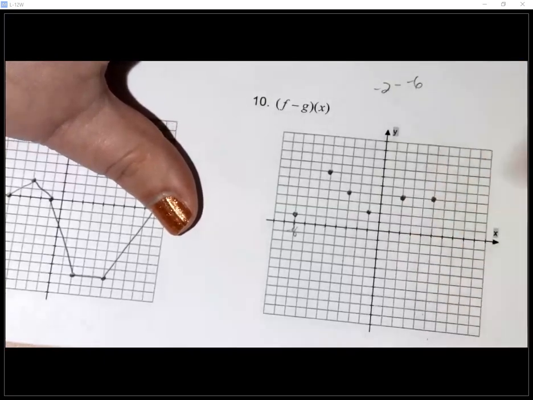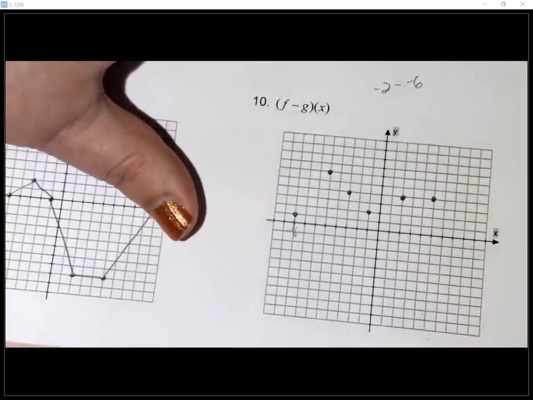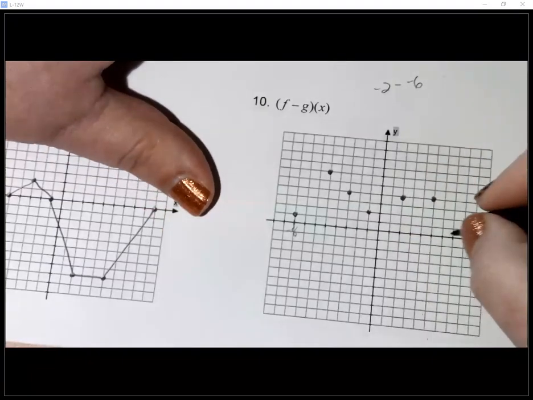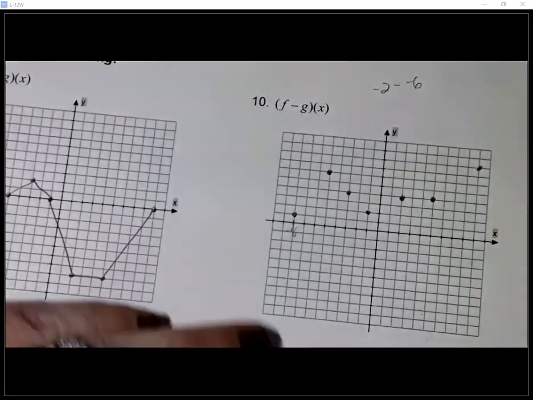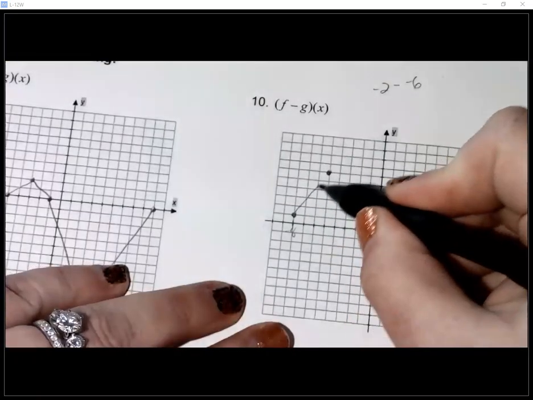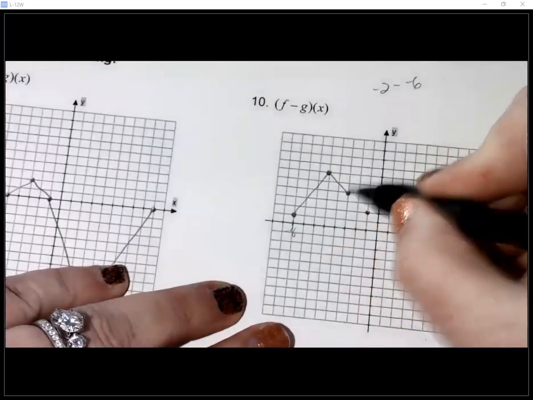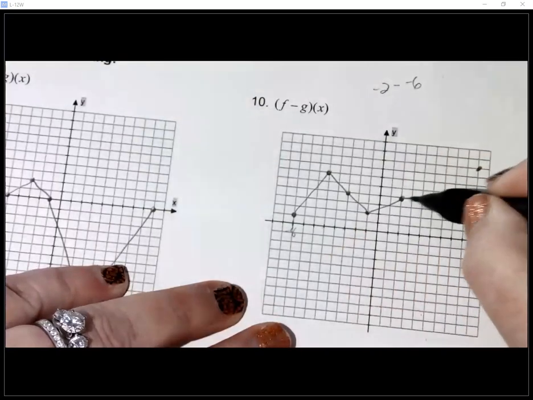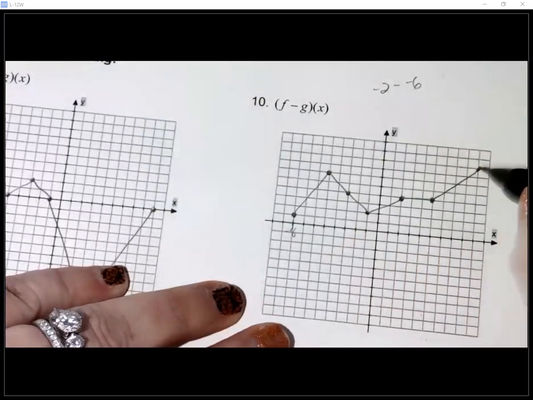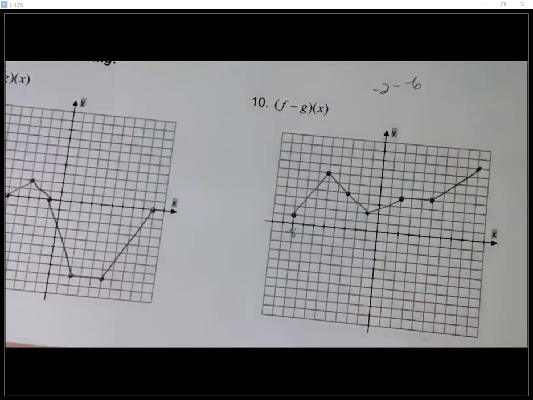And then for my last dot, 4 minus -4 really ends up at 8. And that's all the way up here at 9. There it is. Now just connect with a nice straight segment between each of your dots. And you just subtracted.